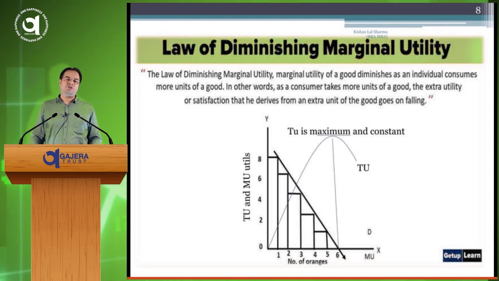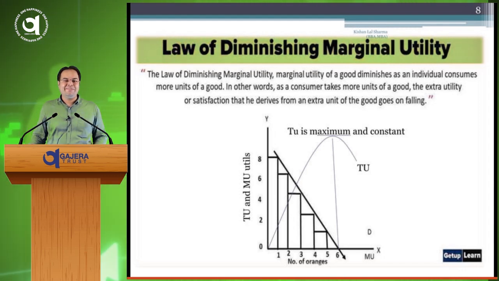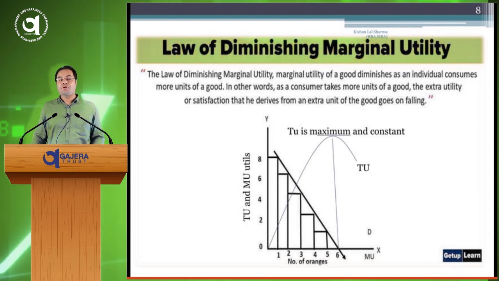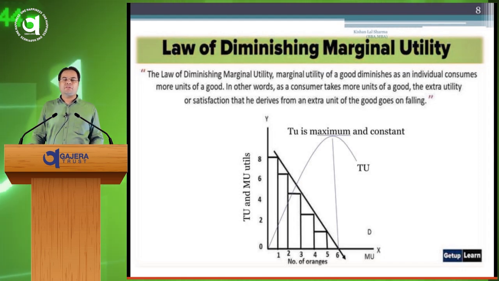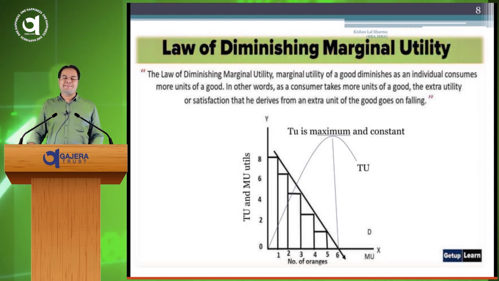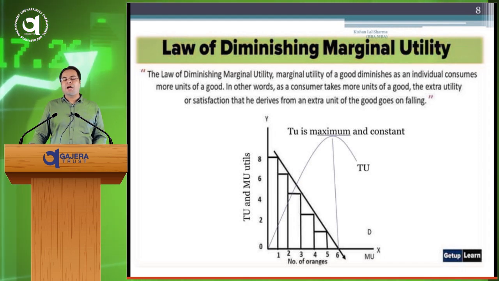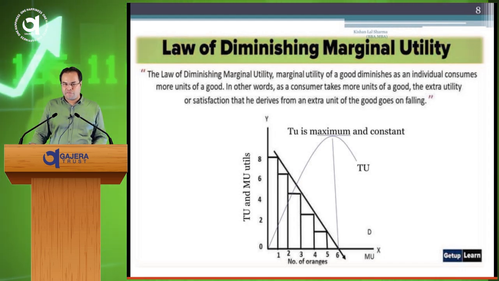The law of diminishing marginal utility says that the utility from a good diminishes as an individual consumes more units of the good. In the diagram you can see that on the x-axis the number of oranges is given, and on the y-axis total utility and marginal utility in utils.